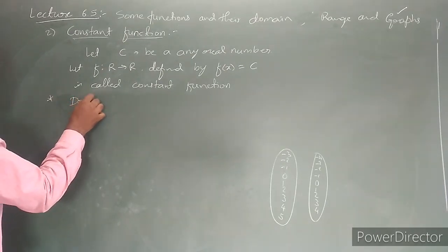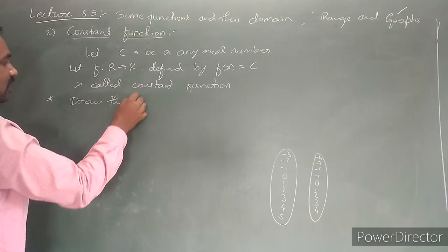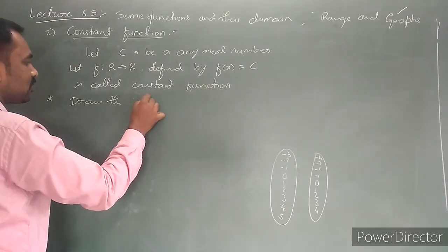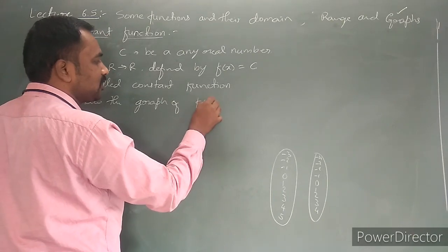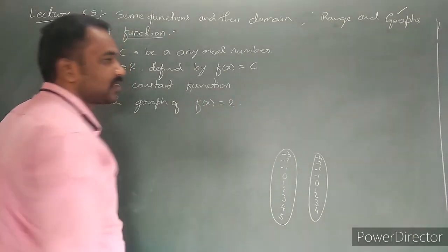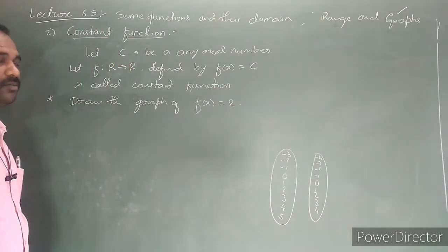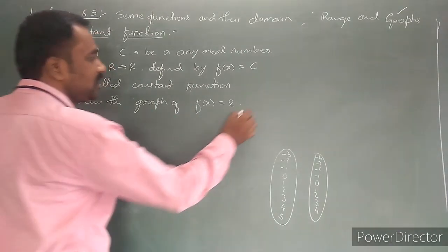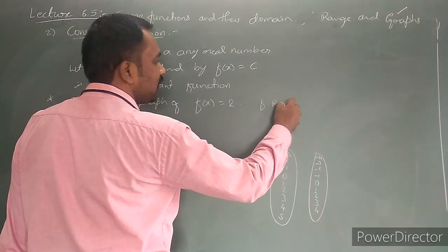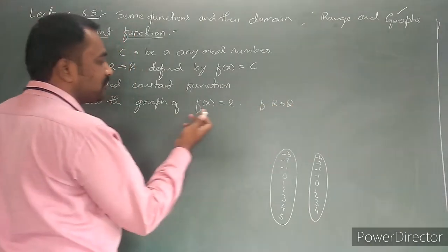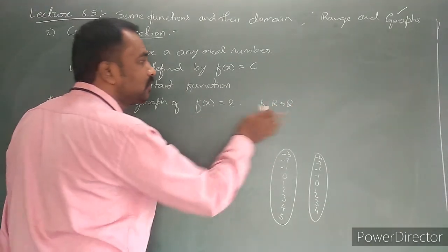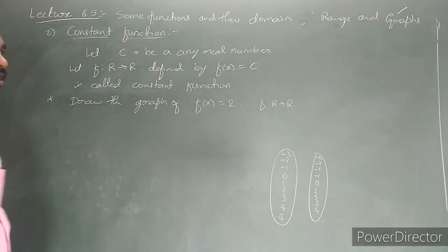Example: draw the graph of the function f of x is equal to. Obviously the domain and the codomain are the set of real numbers. F is a function from R into R defined by f of x is equal to, draw the graph of this function.